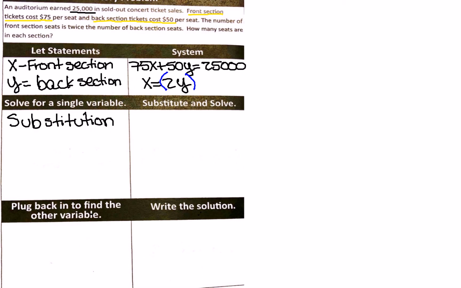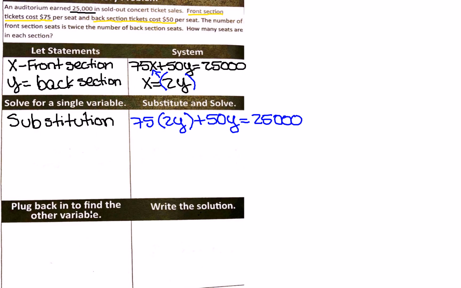So I will take this and I will plug it in right here for x. So to do that, I just have to say that 75 times x, and x is equal to 2y, plus 50y equals 25,000.